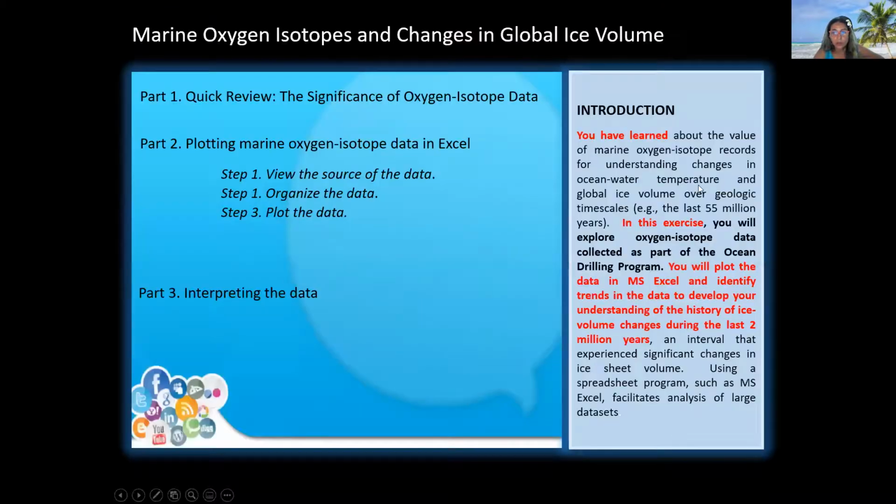So how does that look? First of all, there are very clear instructions. The instructions put the unit in context of the general class. So you've learned this, that, or the other. In this exercise, you will do the following using the following Excel spreadsheet. So there's very clear information.